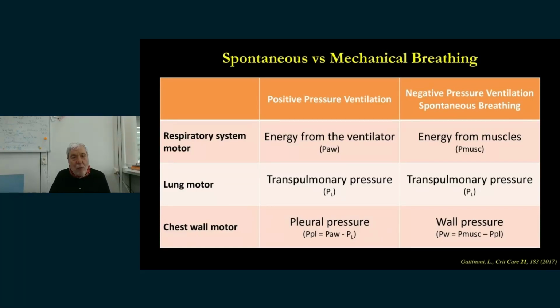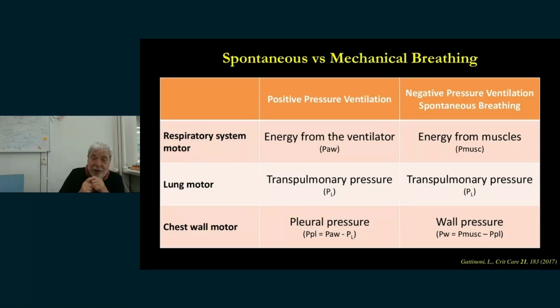When I have spontaneous breathing, I generate negative pressure in my pleural space, and my total energy comes from the muscles, which is the P muscle. What moves the lung? In positive pressure, it is the transpulmonary pressure, the difference between airway and pleural pressure. Let's say 20 on the airway and 10 in the pleural pressure, transpulmonary pressure is 10.